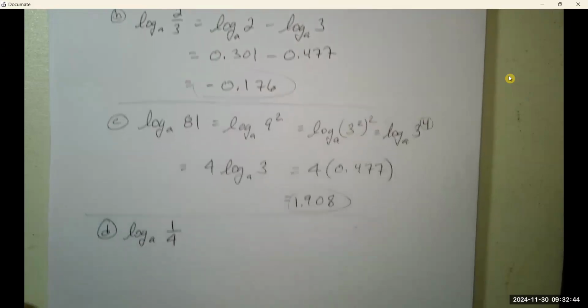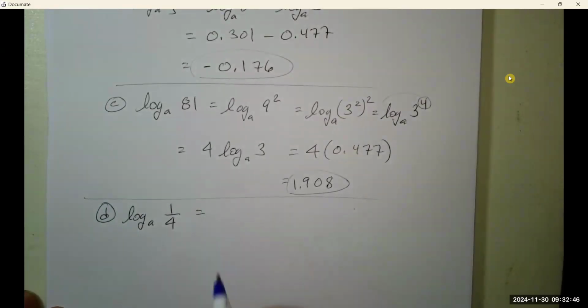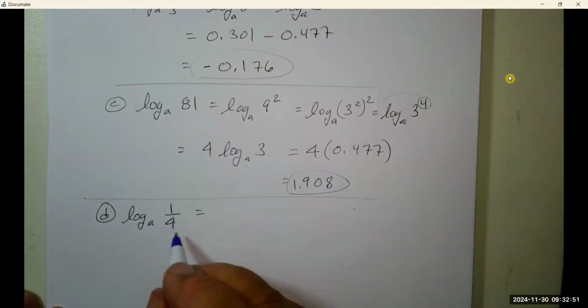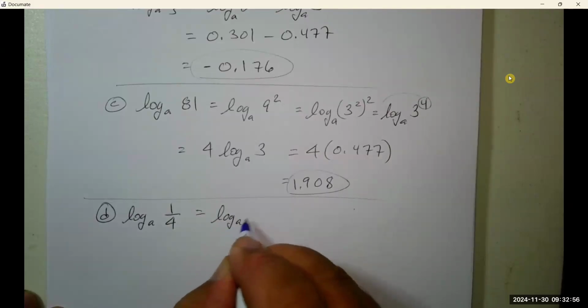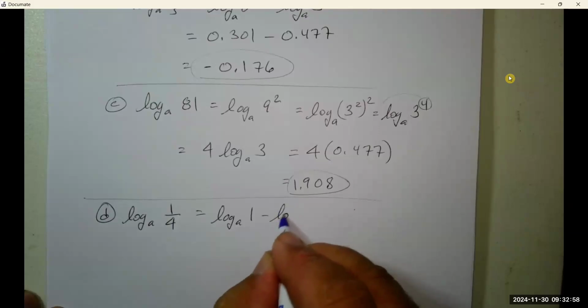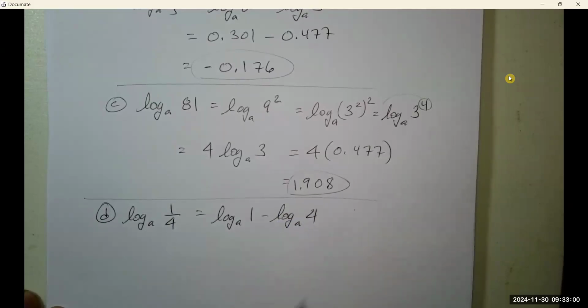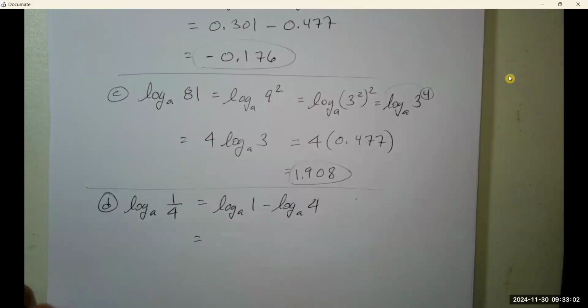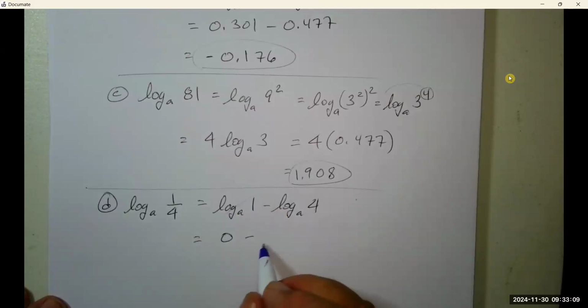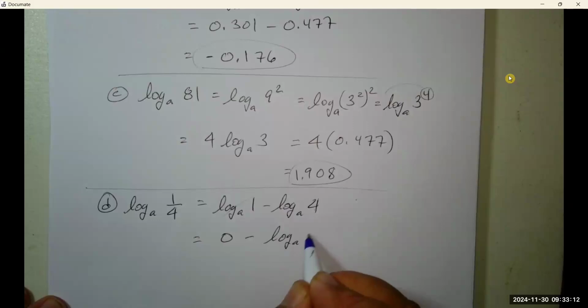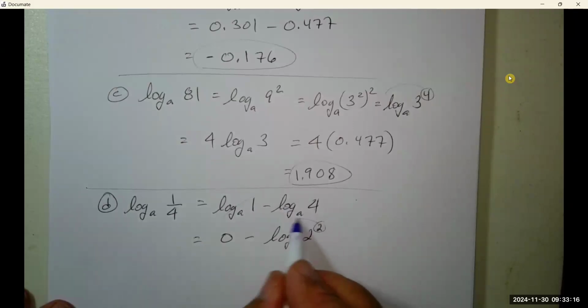Log base a of 1/4. It's a rational expression. So we have log base a of 1 minus log base a of 4. Log base a of 1 is 0. 4 is made up of 2 squared, so that square comes out in front.